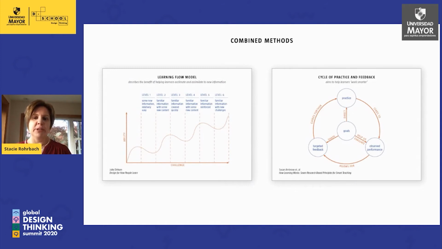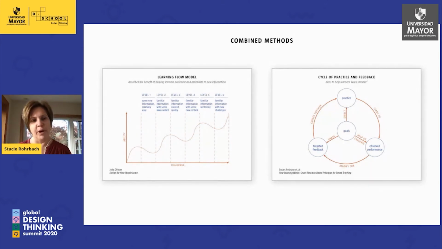The food sustainability team integrated two theories, the cycle of practice and feedback model by Ambrose and her colleagues, and the flow of goals model by Dirksen. So this team was looking to nest these two principles together.